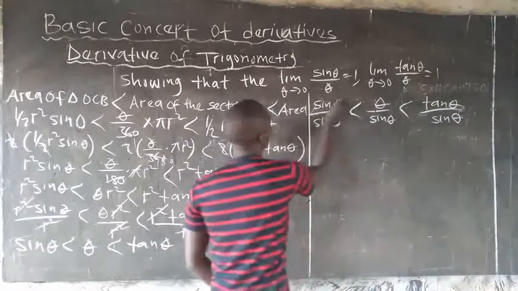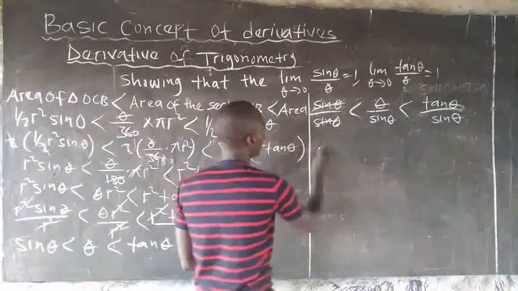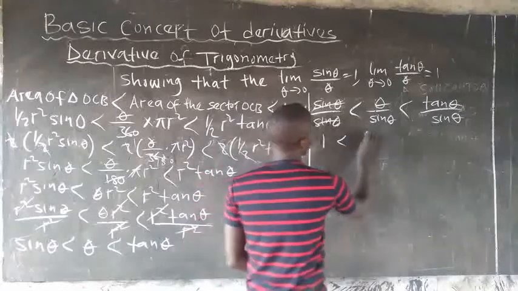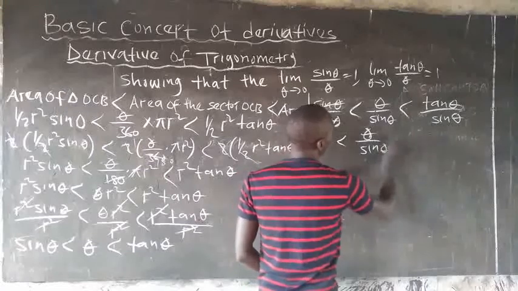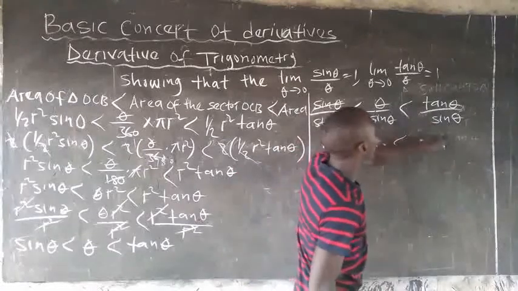So sin theta will cancel out sin theta, and I'll be left with 1 less than theta over sin theta less than tan theta over sin theta.